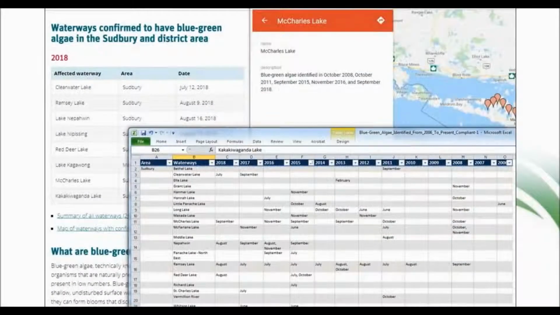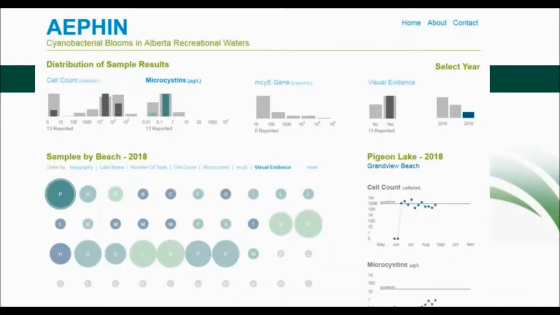standard methods. Also, access to data, whether it's historical or current data, is limited, although some health authorities and agencies are improving their access to data. In Public Health Sudbury District, you can now look at various lakes and what their bloom record is at different times of the year, so you can see if you are on a lake that might be affected, and what months you are likely to see a bloom.